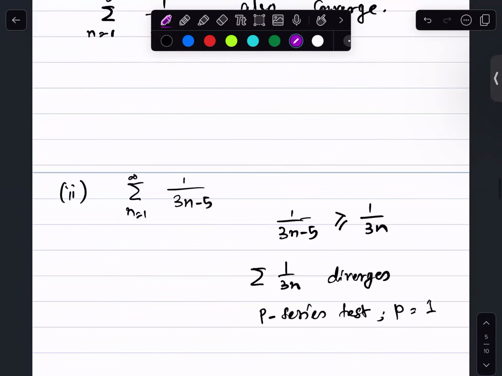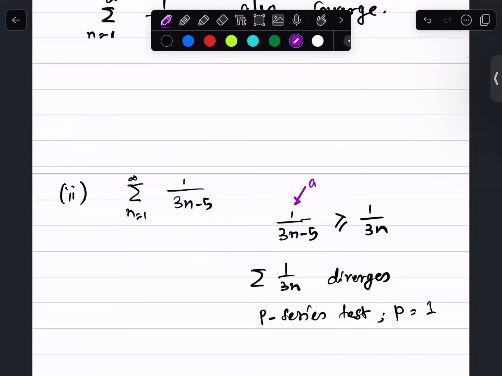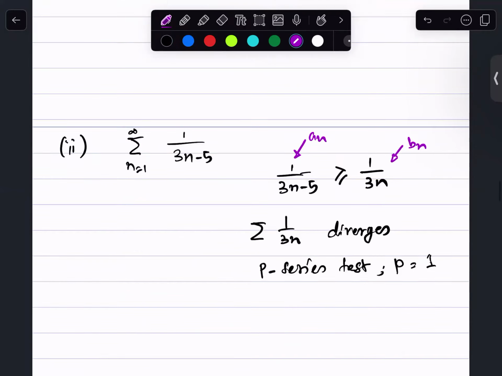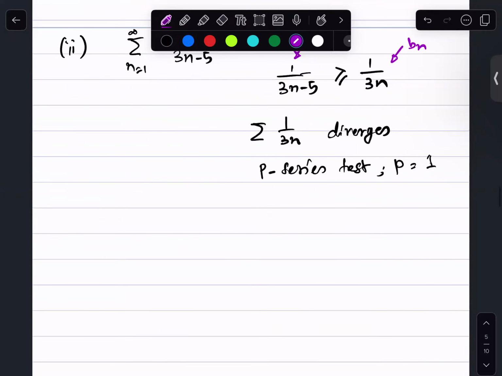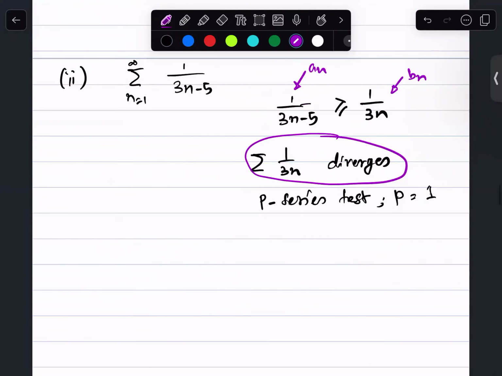So here again, this is my an, this is my bn, and summation bn diverges. So therefore I can say that summation n equal to 1 to infinity 1 over 3n minus 5 diverges. Okay, sweet.